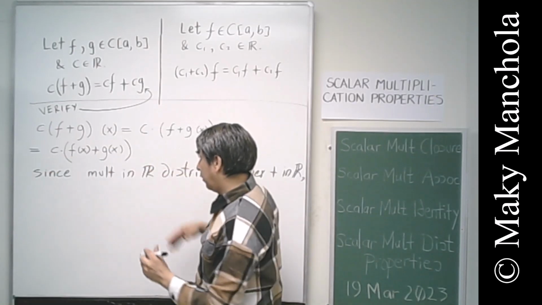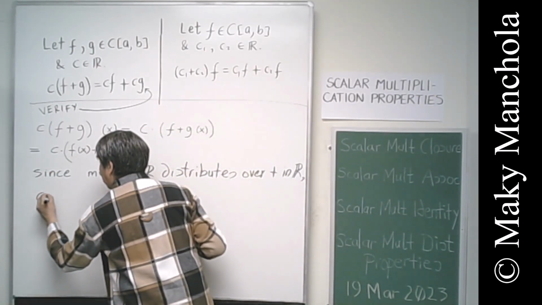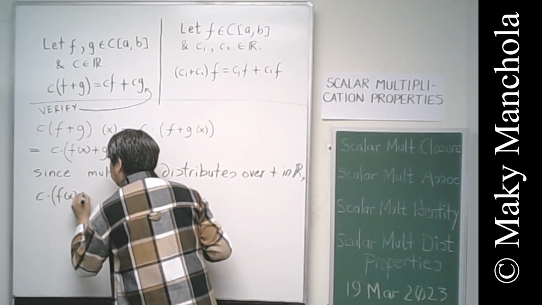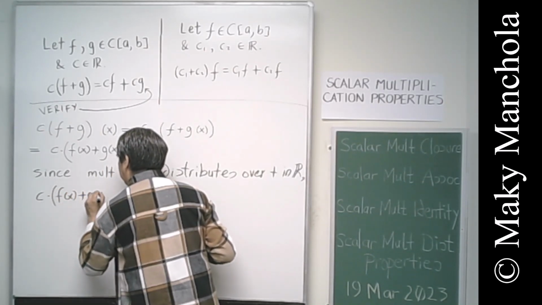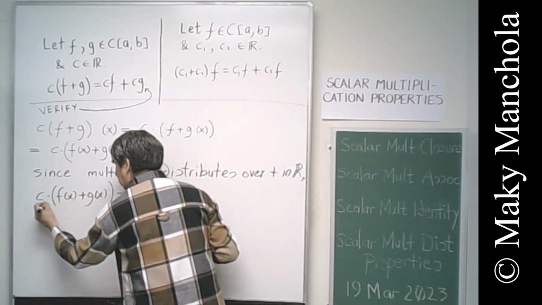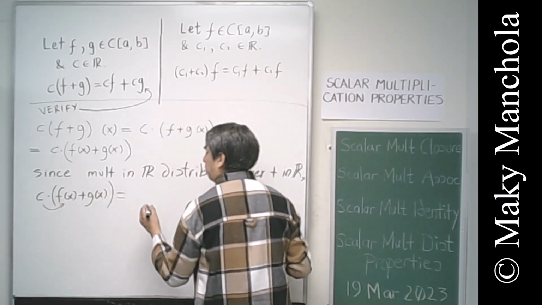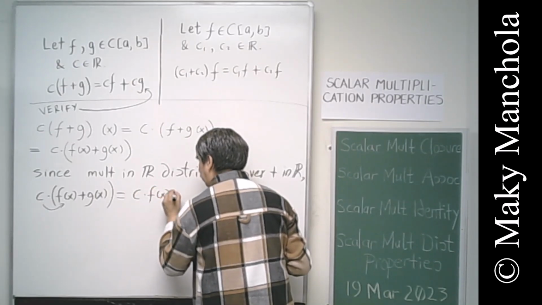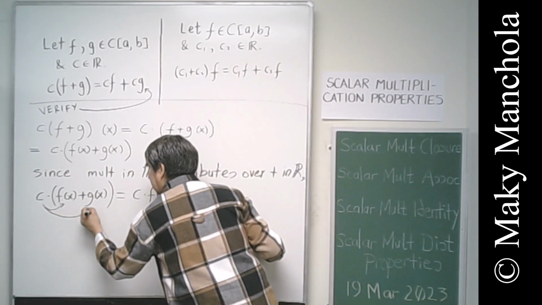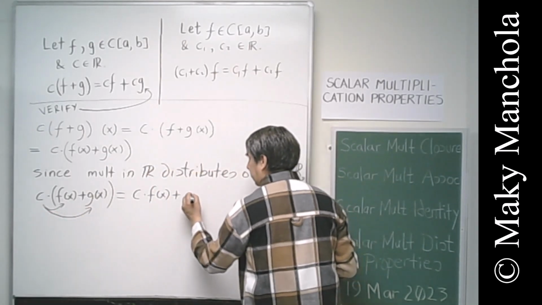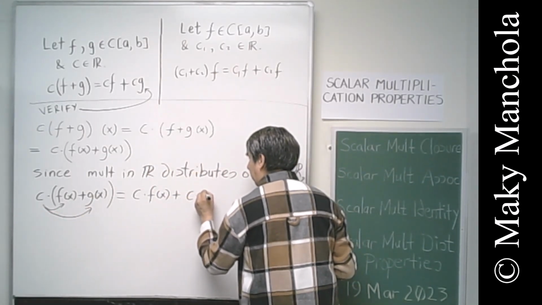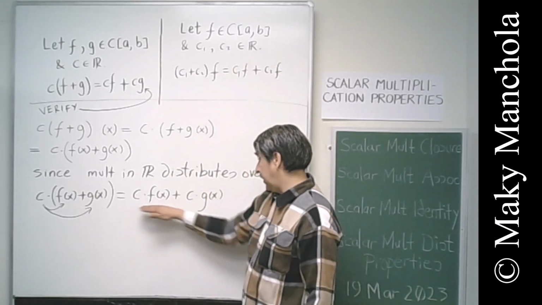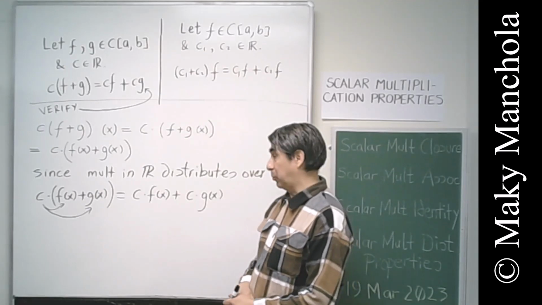the latter, so c multiplied by (f of x plus g of x) equals c multiplied by f of x plus c multiplied by g of x. Now each of these terms is a scalar multiplication.